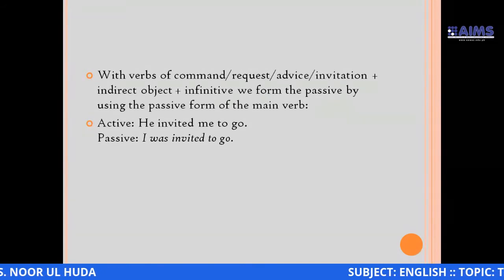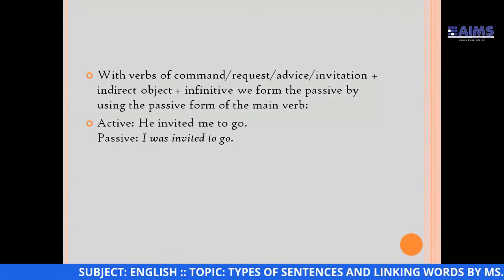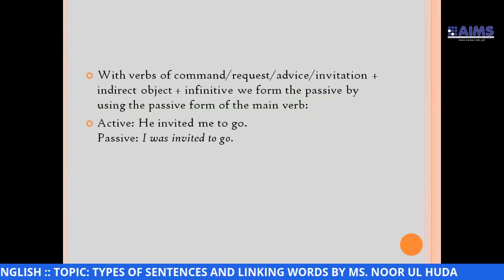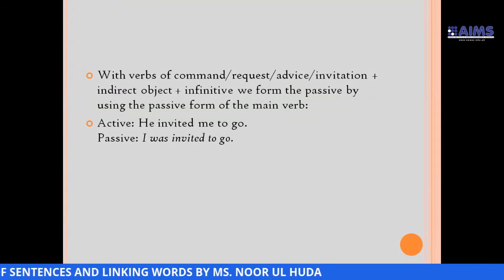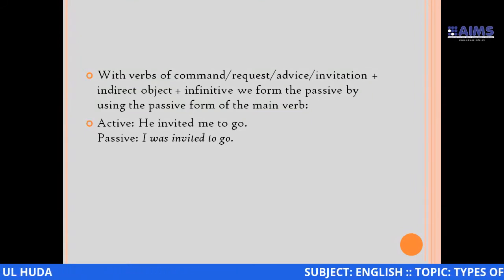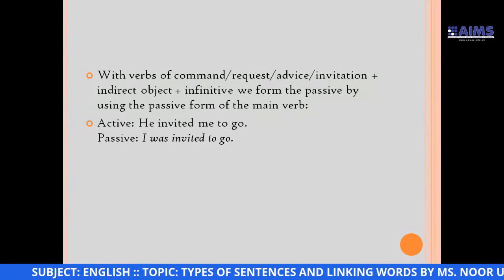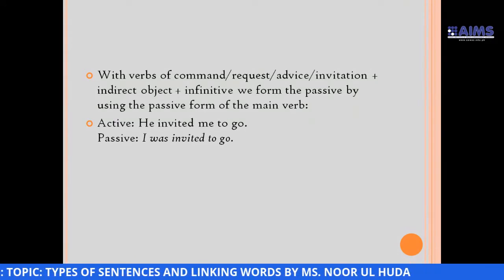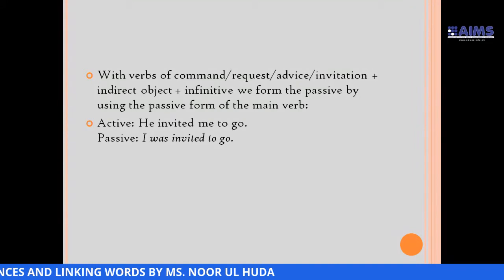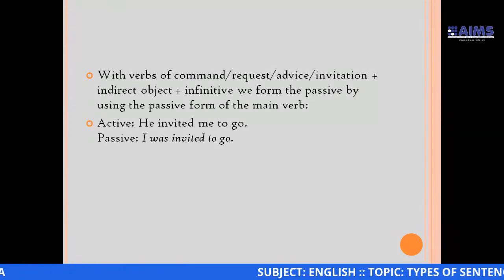So with verbs of command, request, advice, invitation, these kinds of things, means we use such kinds of verbs in which the speaker wants to command someone, or request someone, or advise someone, or invite someone, plus indirect object, and then the infinitive, means to-infinitive.